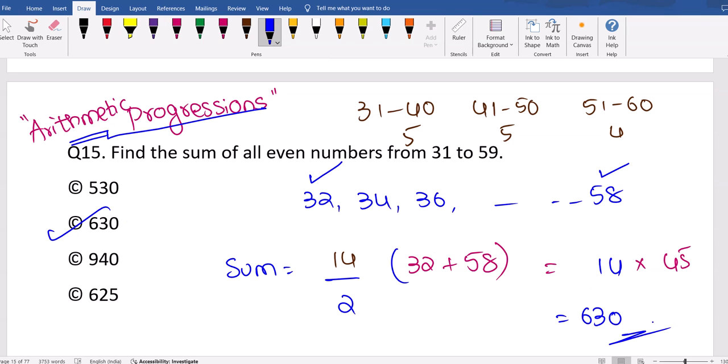Or 7 into 90 directly, 630. We have total 14 terms.